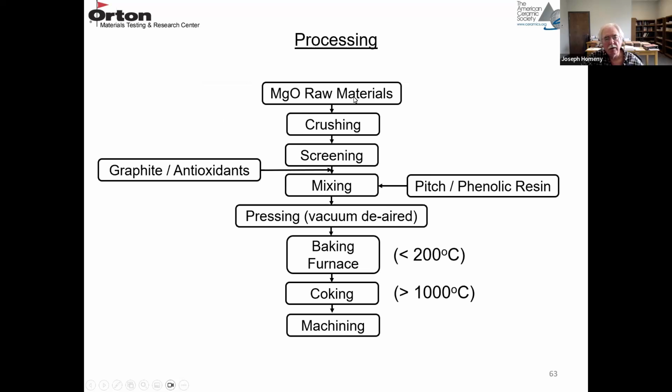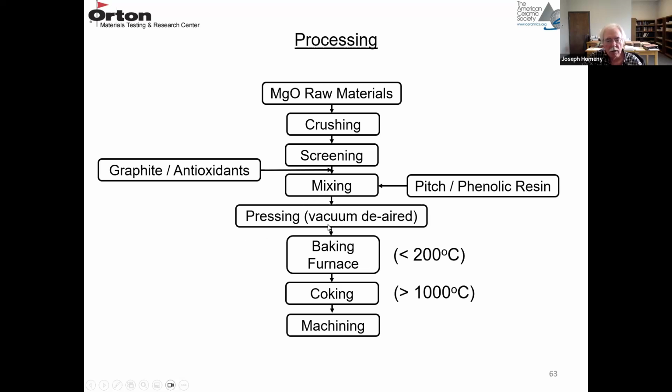So the aggregate is MgO. Again, it's crushed and screened and sized for maximum particle packing, maximum density. Graphite and the antioxidation agents are added. They're mixed with, it's going to be primarily a phenolic resin. Pitch is another possibility, but as I mentioned, it has some hazard. It's a hazardous material, so the phenolic resin is what's basically used today.